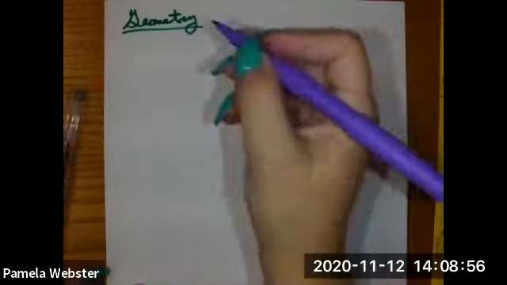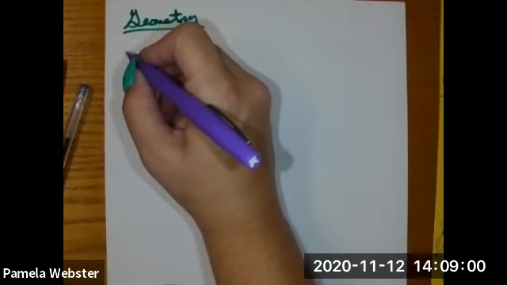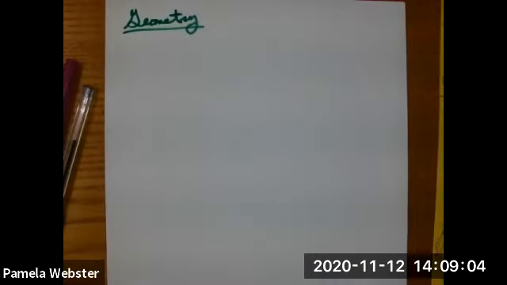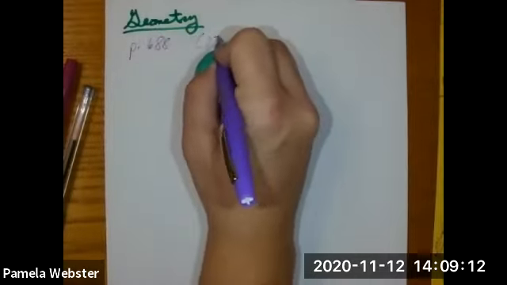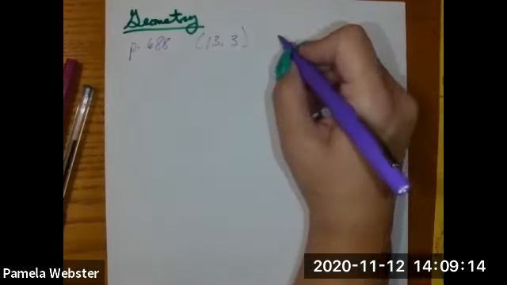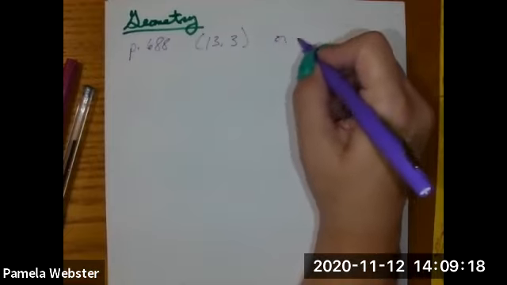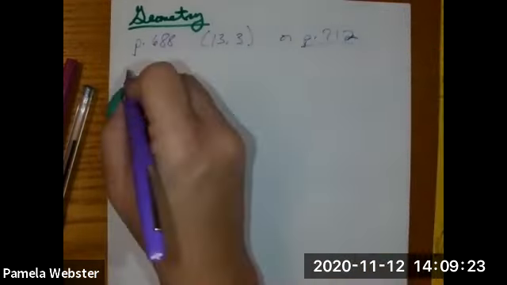The angle bisector of the triangle. Is that 13.4 or 13.3? 13.3. So that's like page 712 in the other book. Which one you got? Okay, so this was number 7.